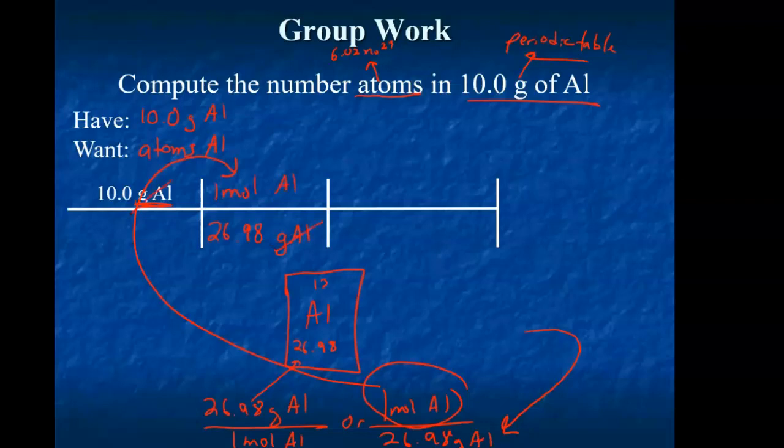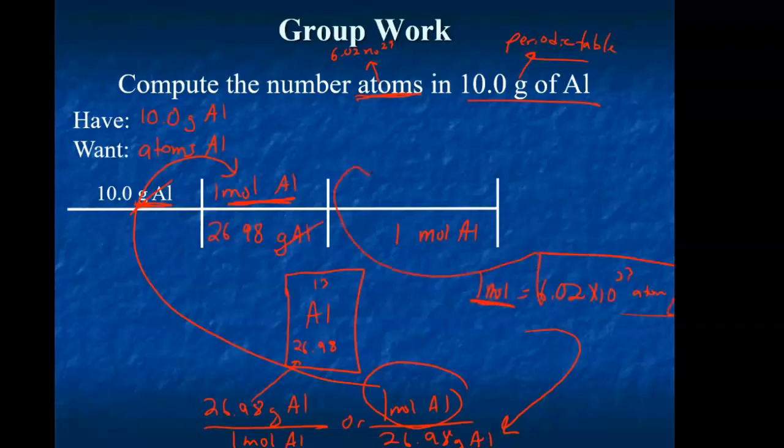Grams, grams. Now we want to go to atoms, but let's say we're not sure what to do. Here's the unit. We don't want this unit, so we're going to put it on the bottom. And we know that 1 mole equals 6.02 times 10 to the 23rd atoms. Well, here's that mole.